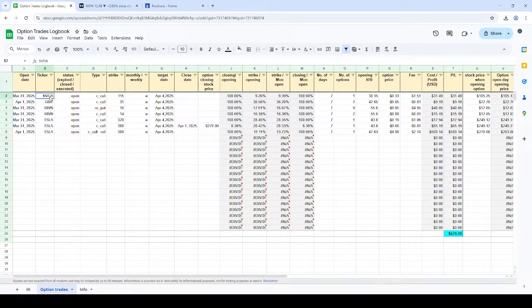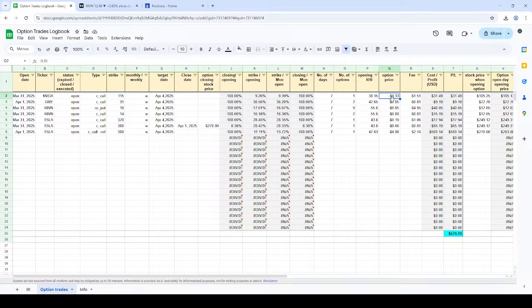One trade is of Nvidia. I sold call options for Nvidia. Strike price was 115 US dollars, and the premium was $33.